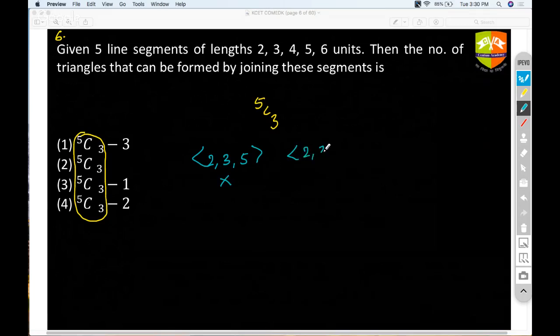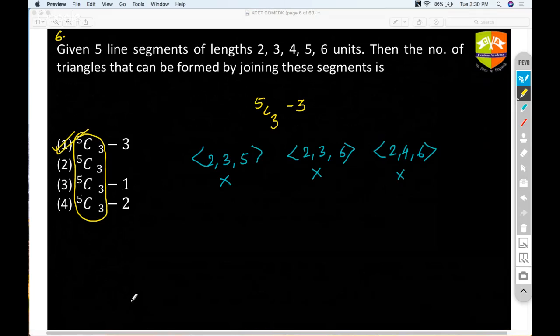Neither can I form a triangle with this combination for the simple reason that the sum of the two sides of a triangle must always be greater than the third. Neither can I form a triangle with 2, 4, 6 as well, right? Now, any other case that you take, you will actually find a triangle with that side. So these three cases must be removed. So your answer is going to be 5C3 minus 3. That's option number 1 is going to be correct.